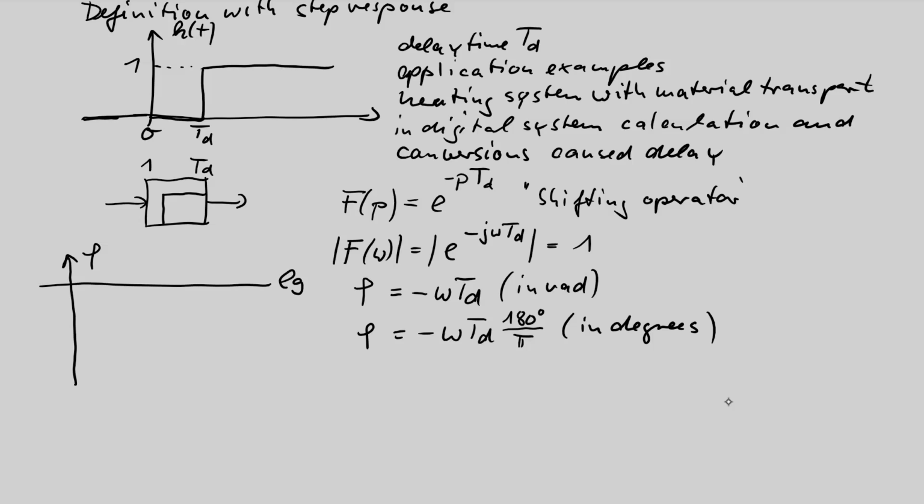The phase curve itself looks simple in the Bode plot. Now strange, you will wonder why this is possible. The phase here is linear, but in a logarithmic scaling that is not a straight line. This is an exponential curve. So in the Bode plot, this phase goes down, negative, and we can mark 2 typical points.